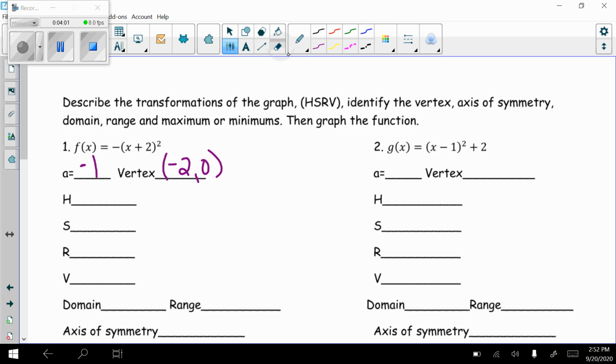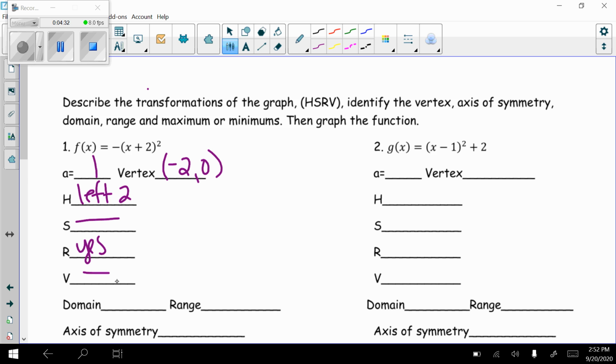And we're going to go back to that a, and we're just going to call it a positive 1, since we're looking at the absolute value of what our a is. All right, h. So it was x plus 2. Vertex was negative 2, so it moved it left 2. Stretch or shrink? Nope. Our a is simply 1, so there's no stretching or shrinking. Reflection? Yes, because it's a negative. Vertical? There's nothing being added or subtracted on the outside, so there's no vertical shift.